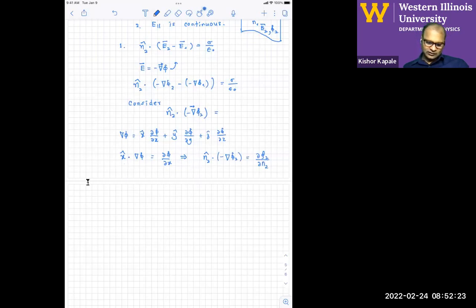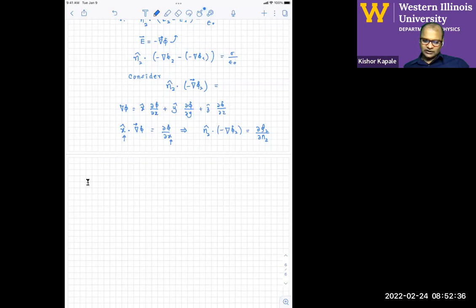Just like here, whatever the unit vector coordinate was, when you take its dot product with the gradient vector, it pulls out the derivative along that direction. That's all that means: the partial derivative along that coordinate. So that's how that is going to be, and this would turn out to have a negative sign in this case, because you have the negative sign here.